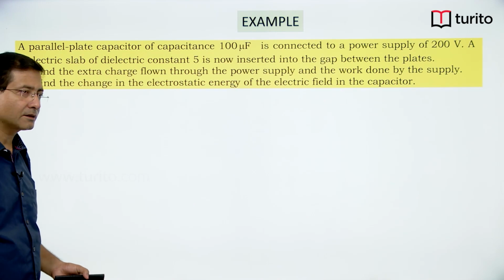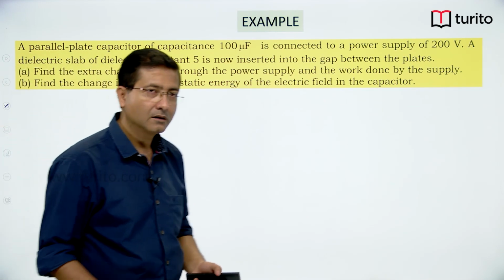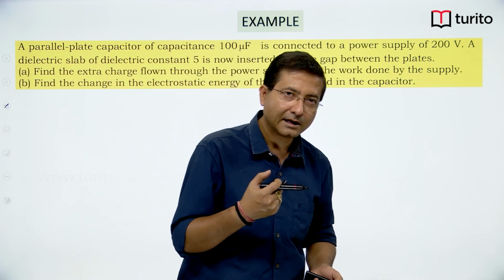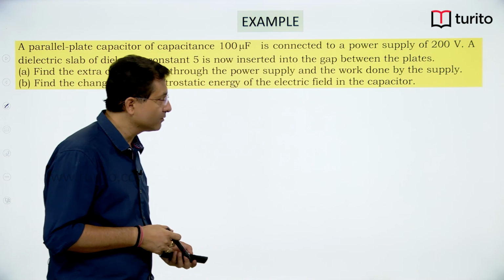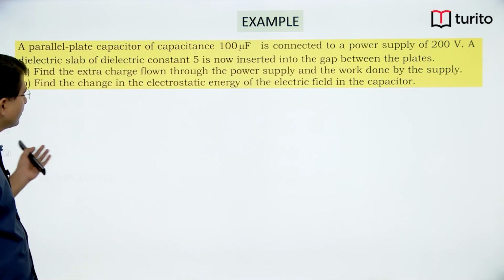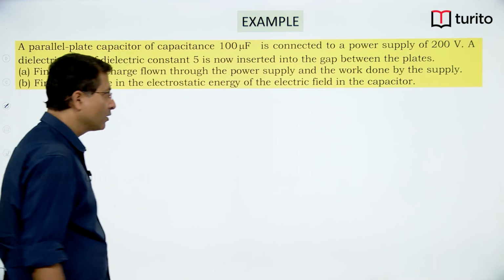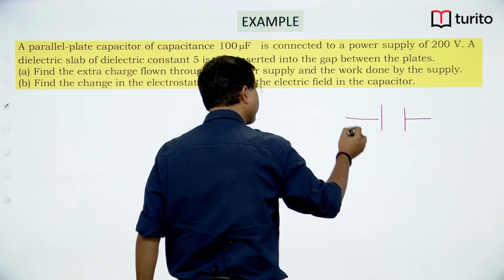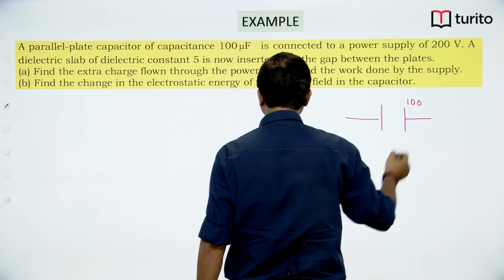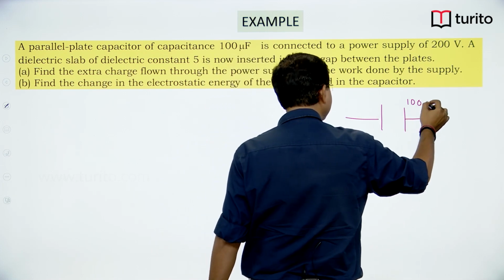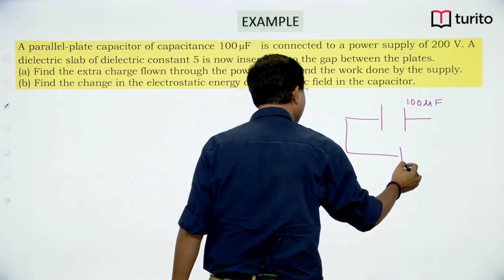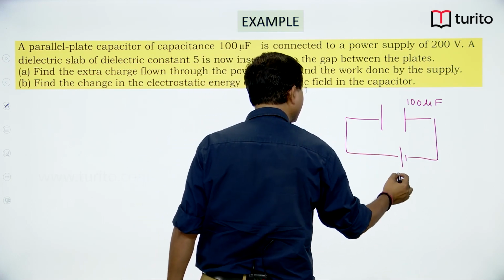Now let us see some examples where we are just adding or removing a dielectric in the circuit. The question says we have one parallel plate capacitor of capacitance 100 microfarad, and it was initially connected with a supply of 200 volt.